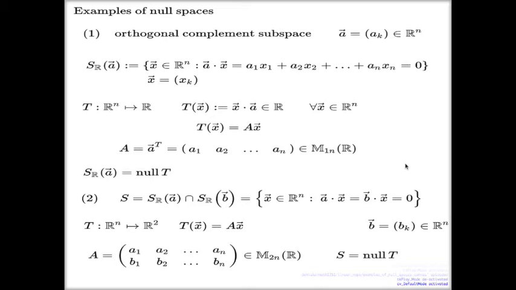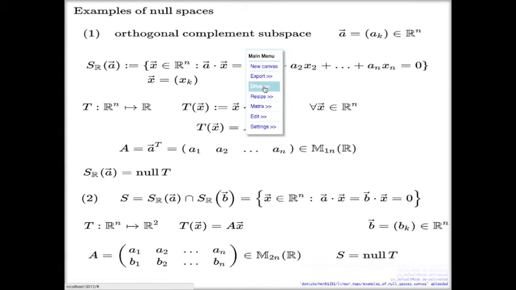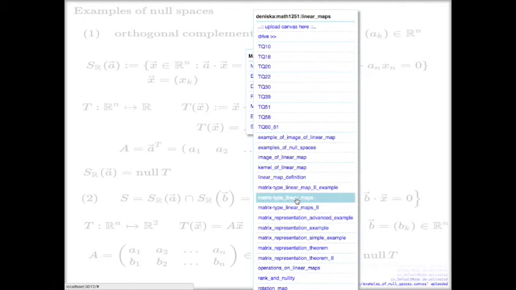But for that, I'll need a new concept attached to linear maps. Look at this. It's called the range or image of a linear map. Two different names. They denote the same concept.